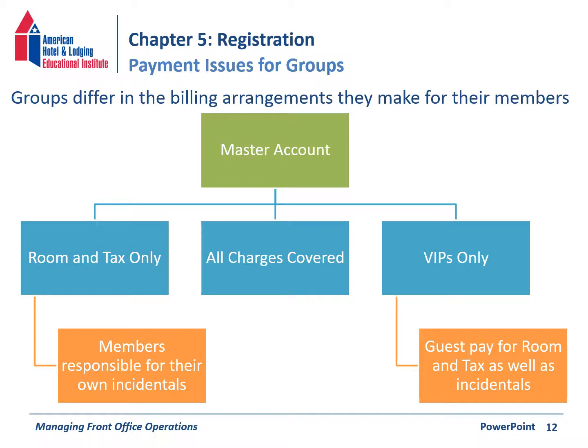But any guest speakers, the keynote speaker, our association manager, go to the master account. All the billing for our meeting space gets sent to the master account, and the VIPs are taken care of, and then the rest of us pay our own room and tax as well as our incidentals.